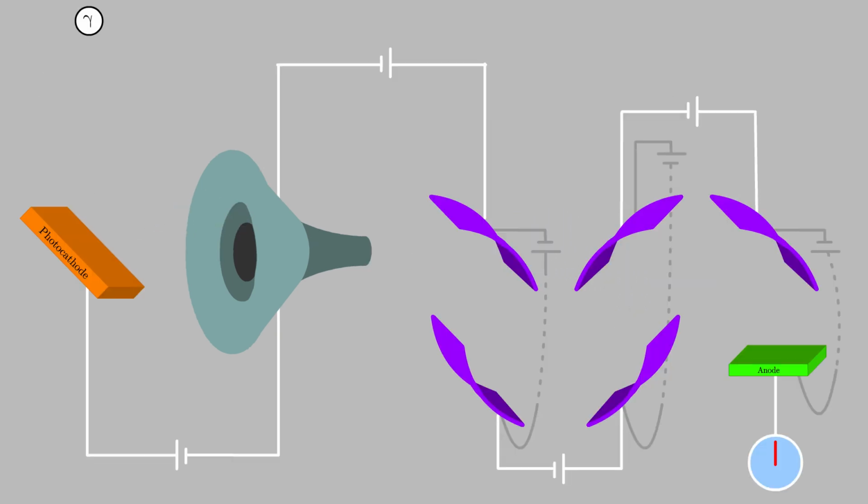A linear-focused or microchannel architecture is used to ensure the path of the ejected electrons is as identical as possible. In the end, photomultiplier tubes do not have a single standard design. They are completely modified depending on the field of study.